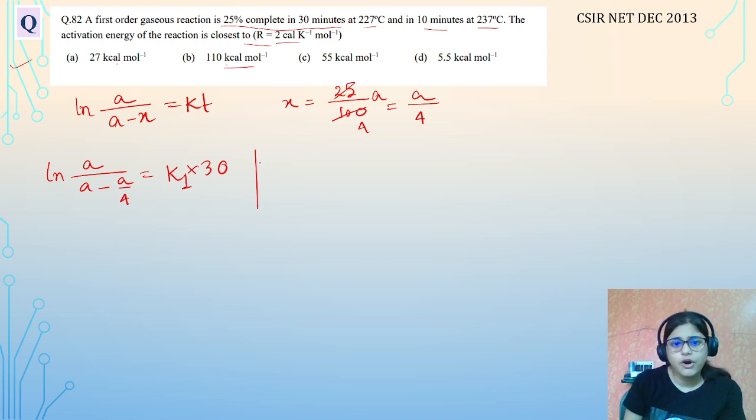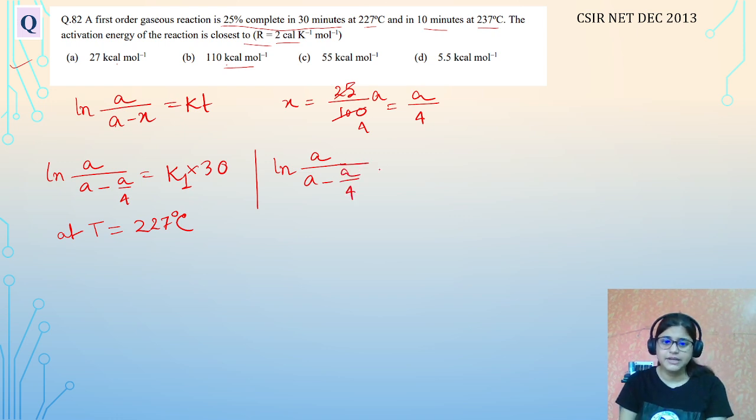So now, because it is at temperature equal to 227 degrees Celsius, not Kelvin. Please see the units carefully. This is not Kelvin. Temperature is in degrees Celsius. So again, 25% happened.